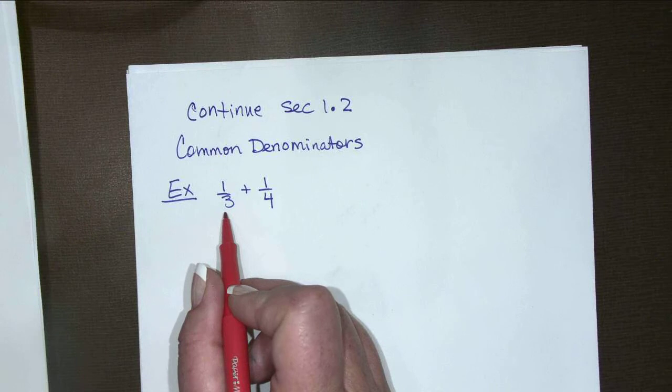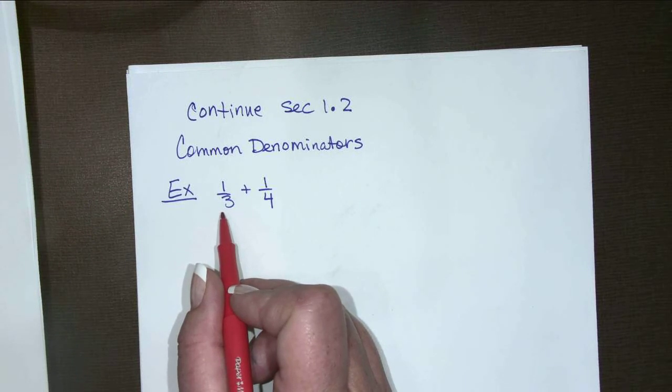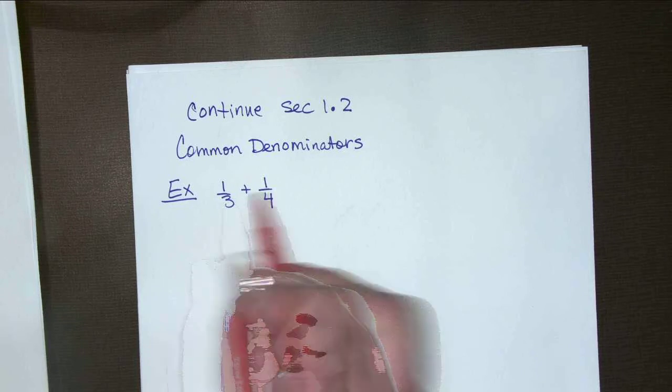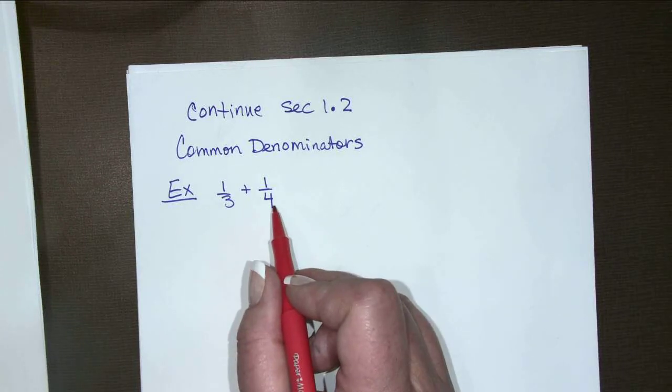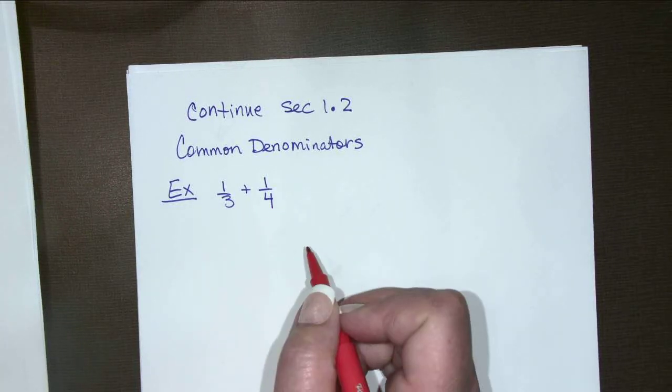You can multiply the first one by 8 and the second one by 6, and that will give you 24. And that's okay. It's just not the lowest, so then you'd have to reduce it. So if you find the lowest one, that's better because you don't have to reduce it. And when we add variables in there, reducing it means factoring, sometimes not easily factoring, so you always want to go with the lowest.